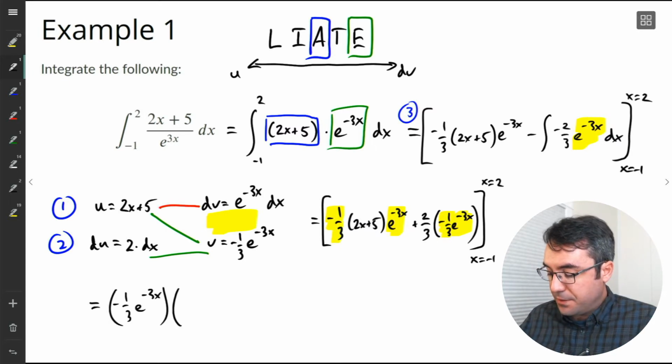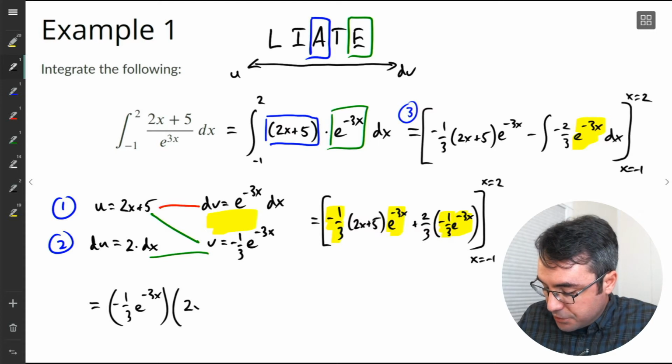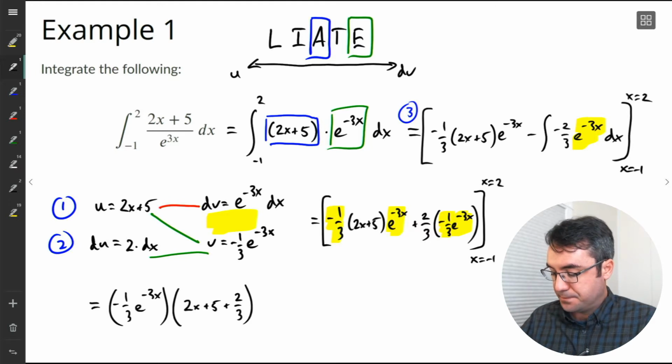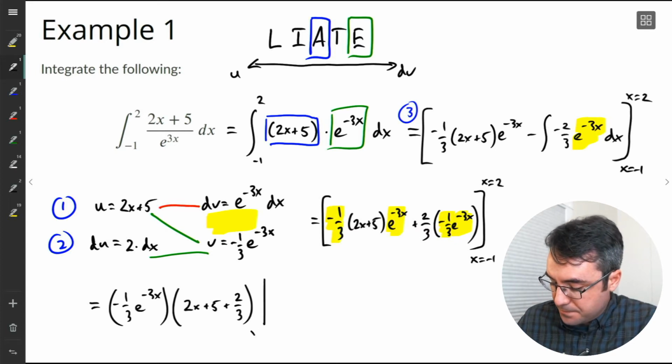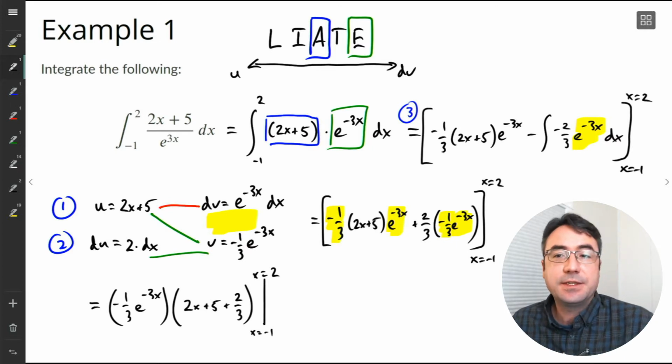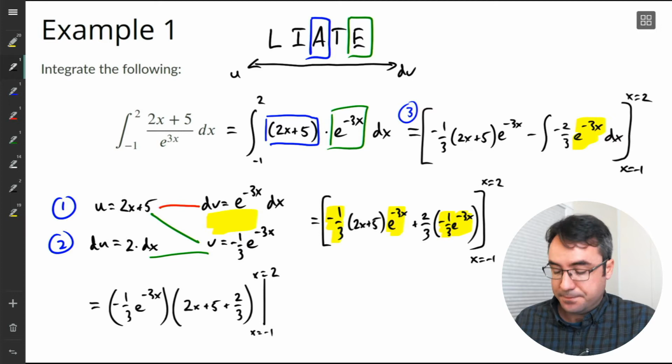And what are we left with? We're left with 2x plus 5 plus 2/3. Then we'll evaluate that from x equals -1 up to x equals 2, and we're going to evaluate that entire thing. So let's plug in now.